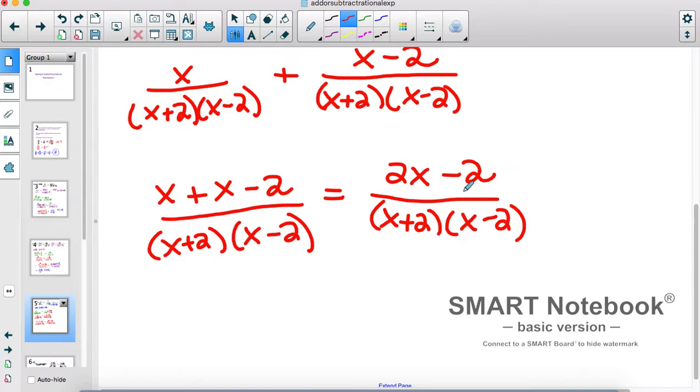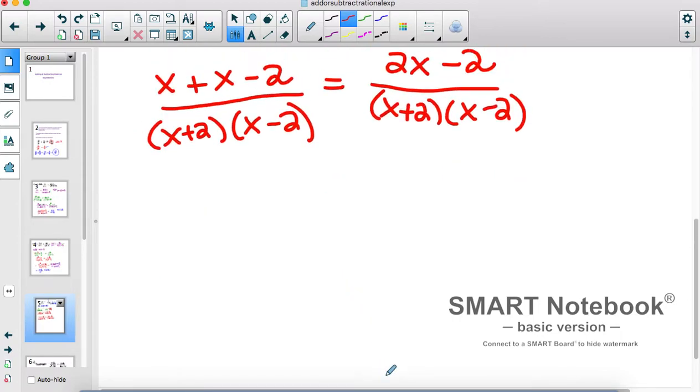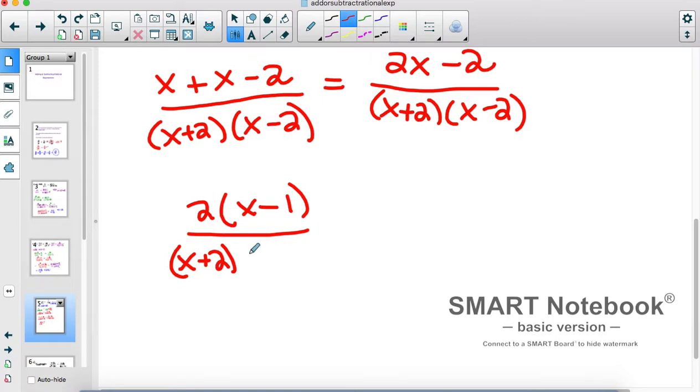All right, almost done. Let's factor out the top just to make sure that we simplify as much as possible. So the top will be, I can take out a 2, so then I'll be left with x minus 1. So unfortunately, that doesn't really help us out because nothing is going to cancel. So this is actually our final answer right here.